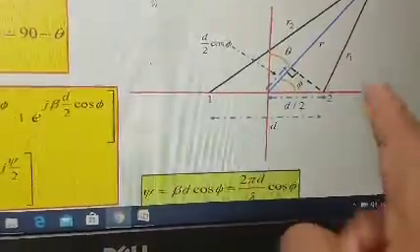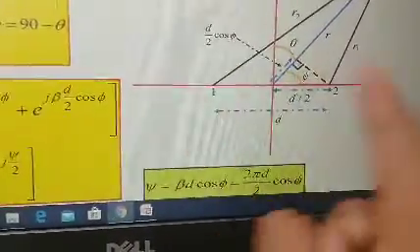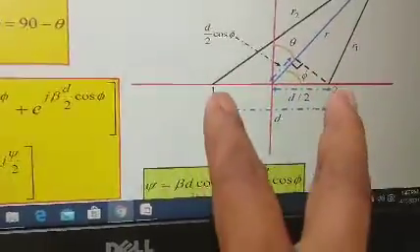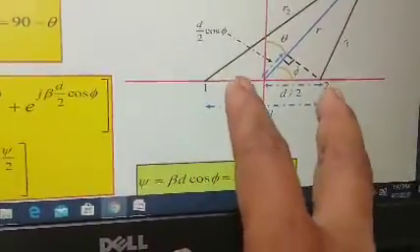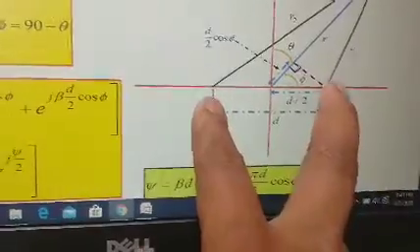Basically, this is the x-axis and y-axis, and there are two electric fields at position 1 as well as at position 2.